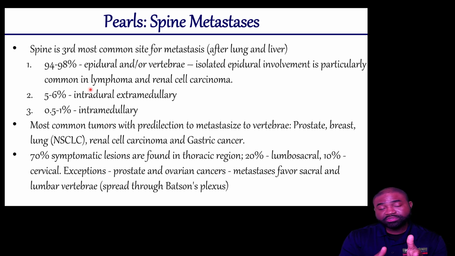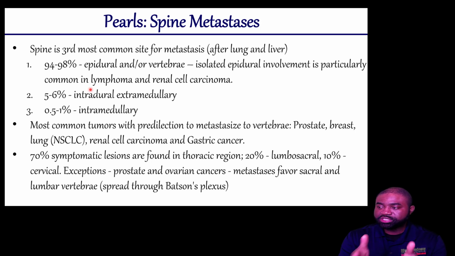About 94 to 98% of spinal metastasis involves the epidural space or the vertebrae, and we already talked about why it favors the vertebrae more. Isolated epidural involvement is particularly common in lymphoma as well as renal cell carcinoma, RCC.